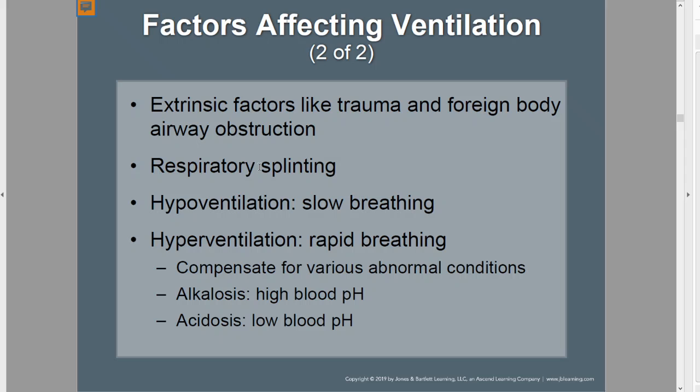Anything from, they talk about intrinsic, extrinsic factors, hypoventilation, respiratory acidosis, respiratory alkalosis. We should know that. We know that if we have an increase in CO2, our respirations are going to increase. And if we have a decrease of CO2, they're going to decrease. All right, so we can kind of figure that one out.